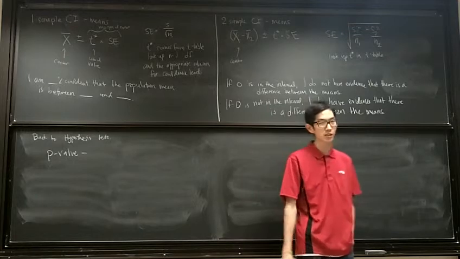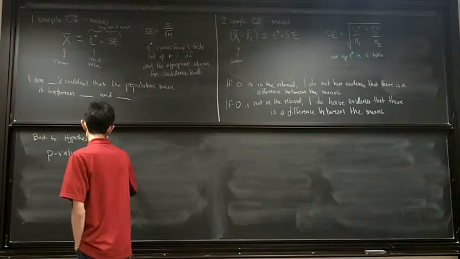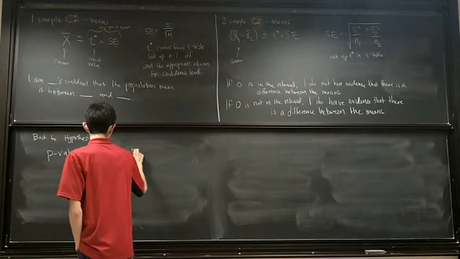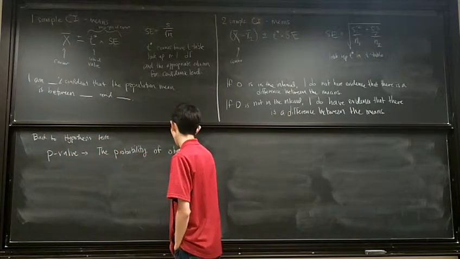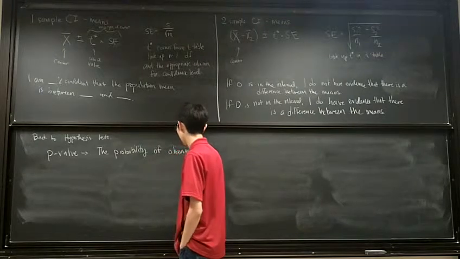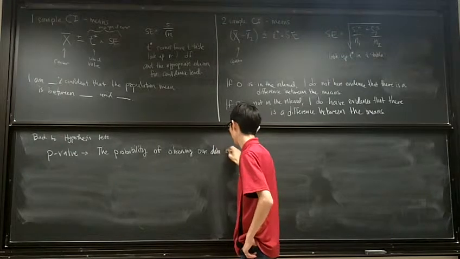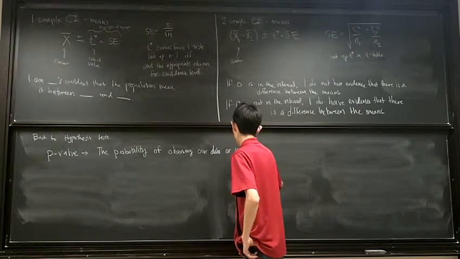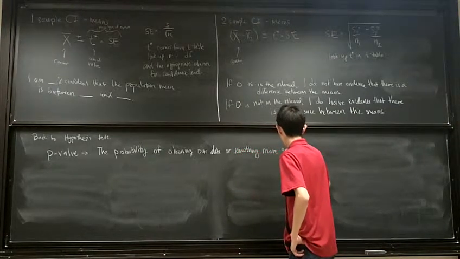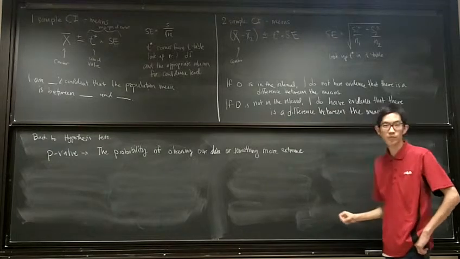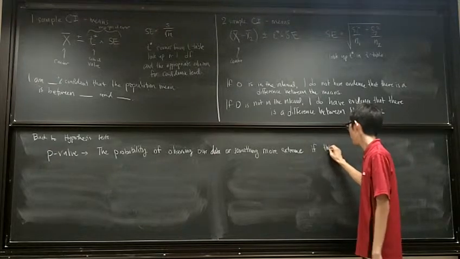The p-value is a probability of observing our data or something more extreme, if we assume the null hypothesis were true.